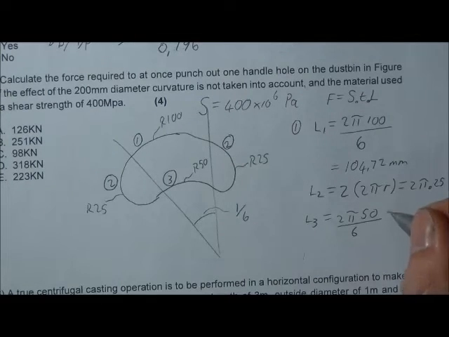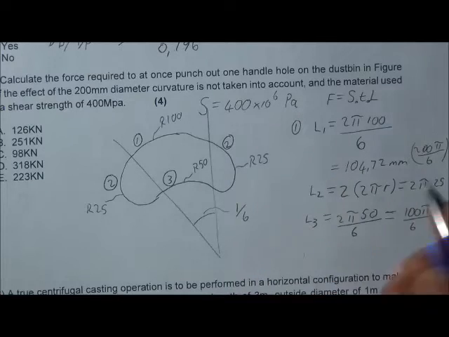That gives me a total length of 100 pi over 6. Just for interest, the first one was 200 pi over 6. You could have left it in pi form as well if you really wanted to.